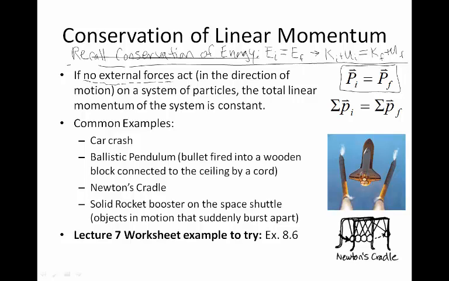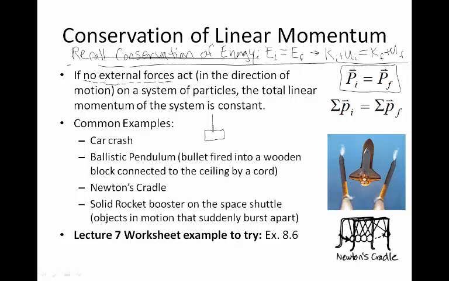Okay. So examples: collisions, obviously that's car crashes. A ballistic pendulum is an example we have in the Lecture 7 worksheet. That's where you fire a bullet into a wooden block connected to the ceiling by a cord. Just to draw you a quick diagram of what that looks like.